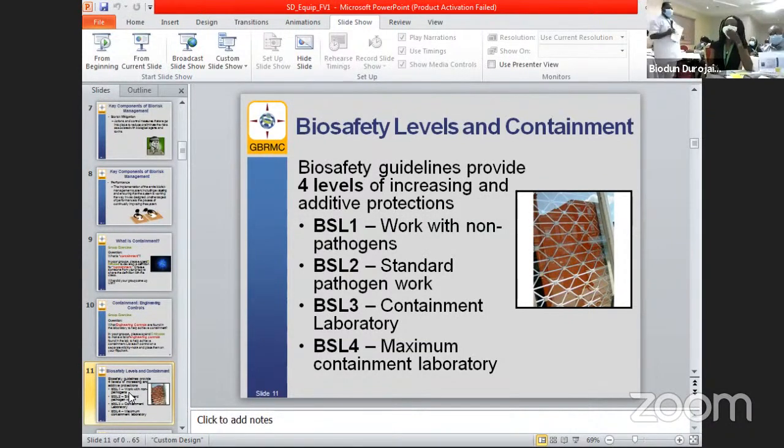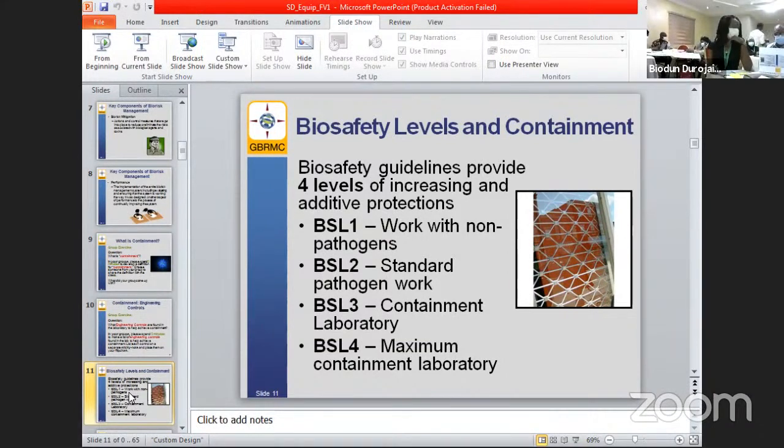Of course, you go to BSL3 based on the level of complexity and the virulence of the pathogens.